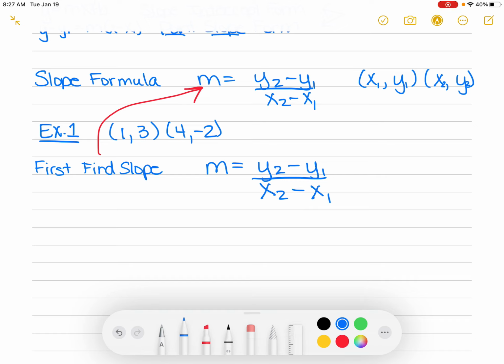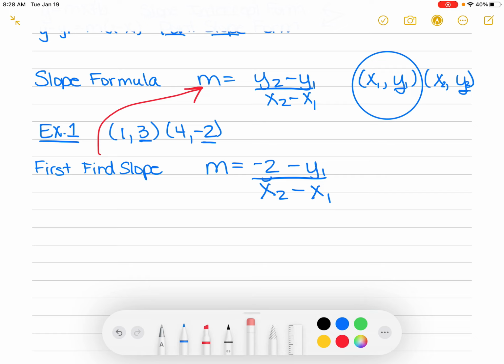Okay, so the first one is y2. Remember, y2 is this last number, so that means that's negative 2. So instead of y2 here, I'm going to put a negative 2. And then y1 is the last number in the first set, so that's this one, 3.